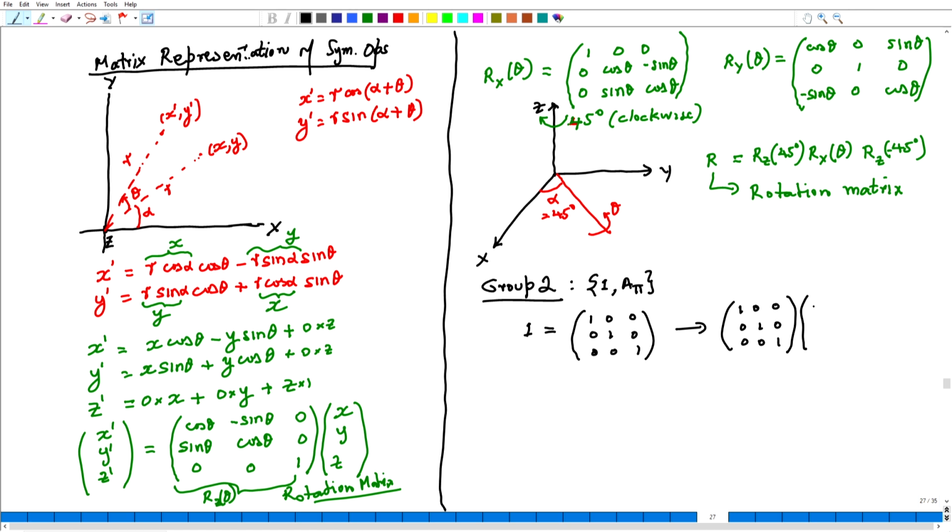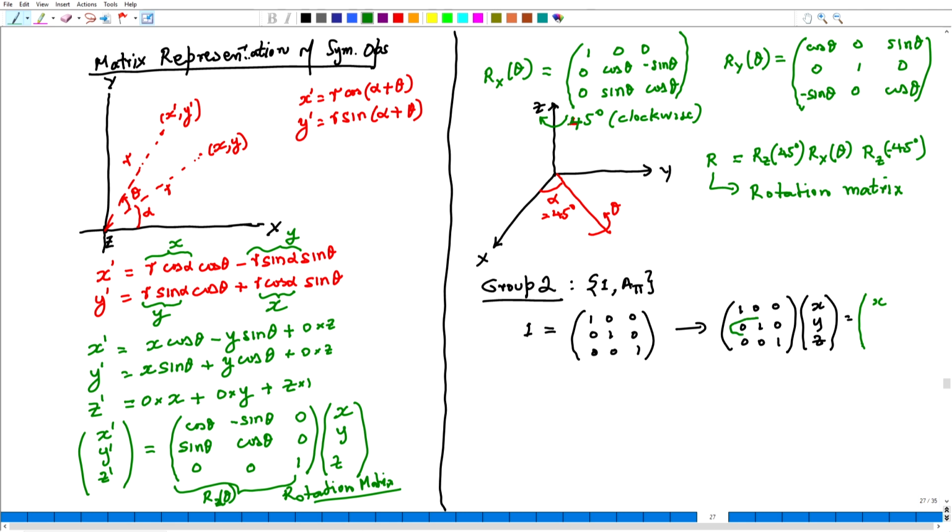when multiplied into this vector x y z. So, how do you multiply matrices? Take the top row, take this row and multiply it into this column, multiplying the corresponding elements in the row and the column and then adding them up. And so, the first is what I will get would be x, because the other elements are 0. So, I will have x plus 0 into y plus 0 into z, and you are left with x.